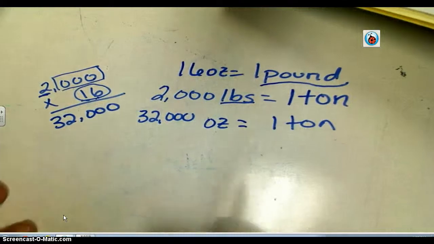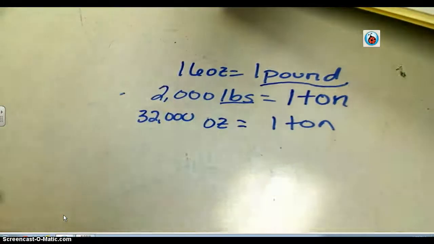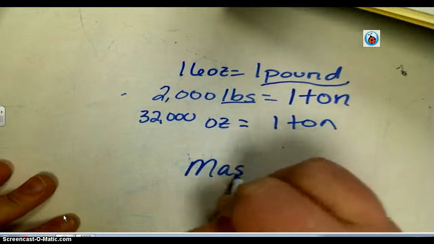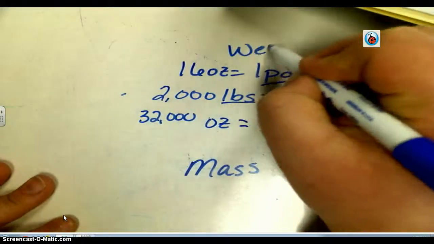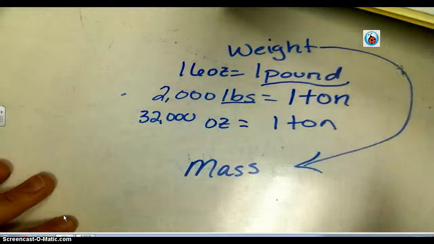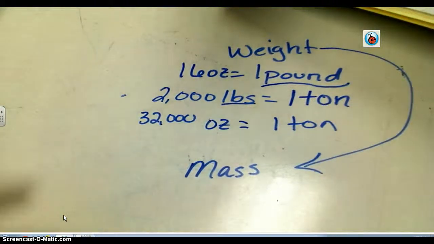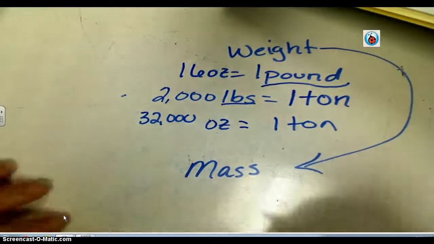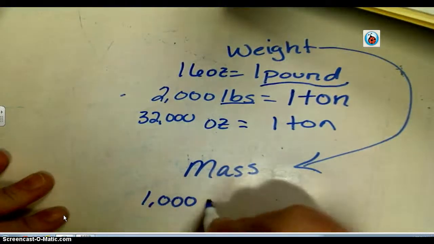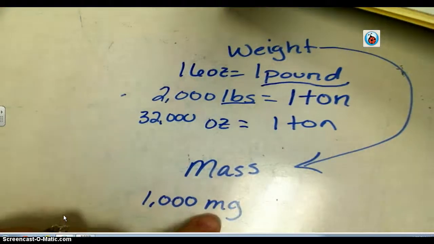All right, so that's one that we're going to talk about. And then it tells us we're going to talk about mass, which is metric style weight. The chart tells us there are 1,000 milligrams. Hear that word milli again? Milliliters, there were 1,000.